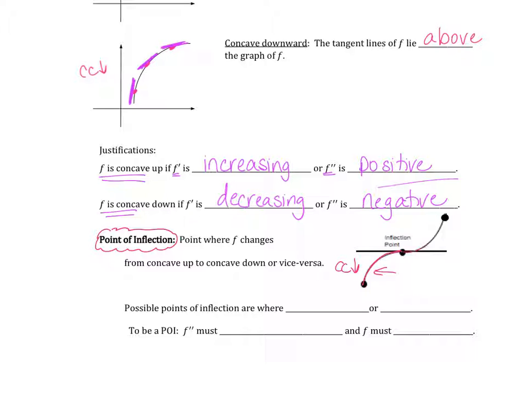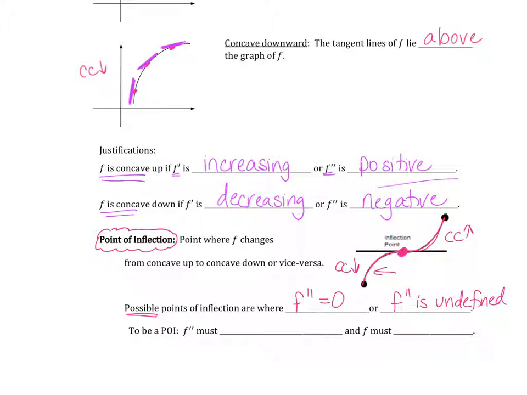And then this is a concave up piece. So this point where it changes is called a point of inflection. So possible points of inflection, and again, underline possible, is when the second derivative either equals 0 or the second derivative is undefined.